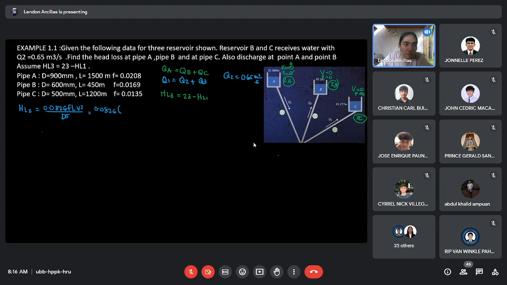This is point 2 or point B, right? 0.169, L in meters, 450. Q squared, sorry, mali yung formula. So this is Q2, which is 0.65. Diameter in meters, that is 0.6 raised to 5. Makukuha na natin yung HL2, which is equal to 3.413 meters.